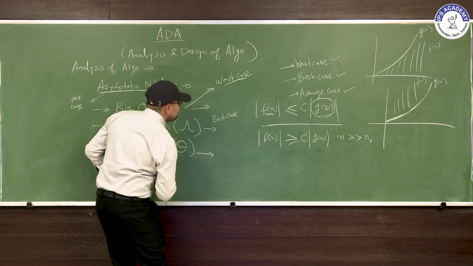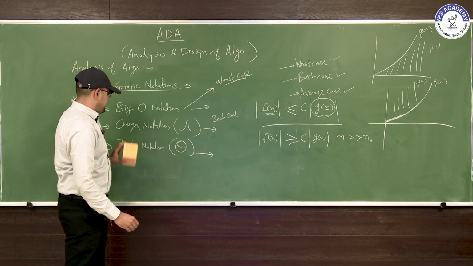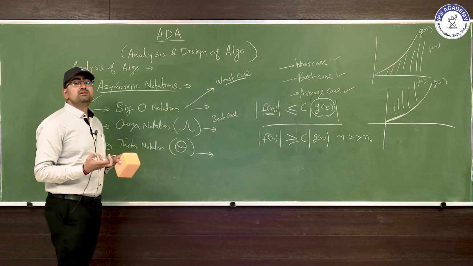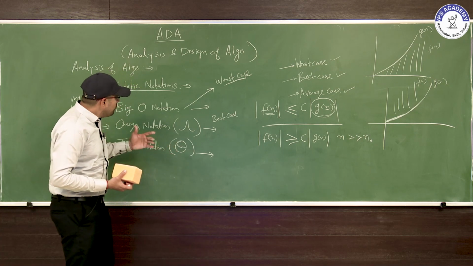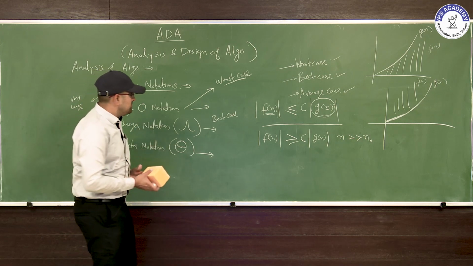Now, the last but not least, it gives you the exact time complexity, theta. If we are representing the complexity in theta notation, that means we are giving the exact complexity. That means more accurate than that of the omega as well as big O notation. Right.